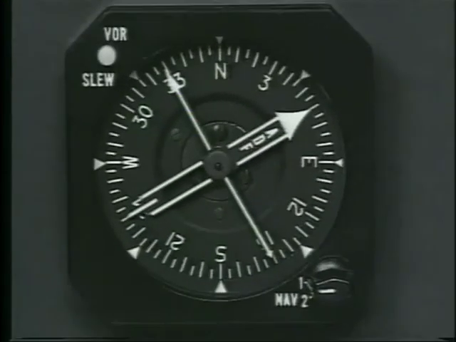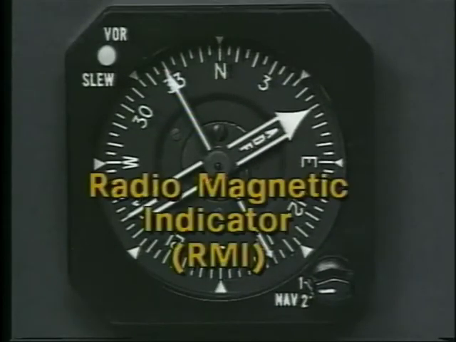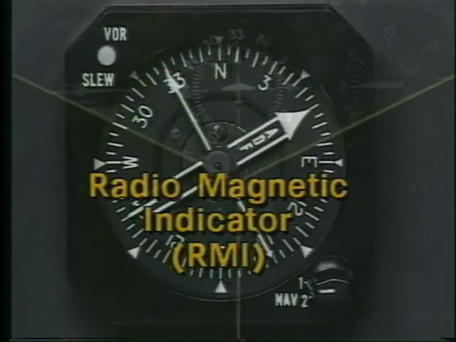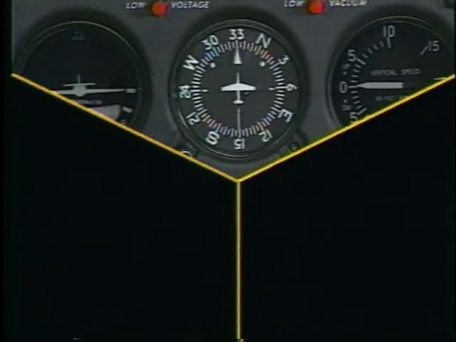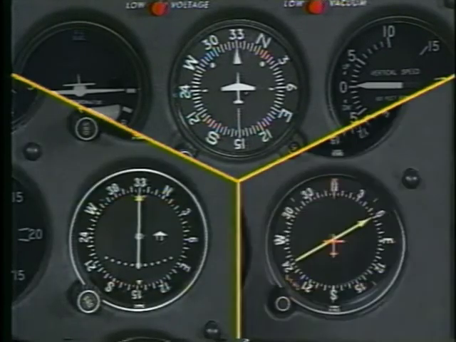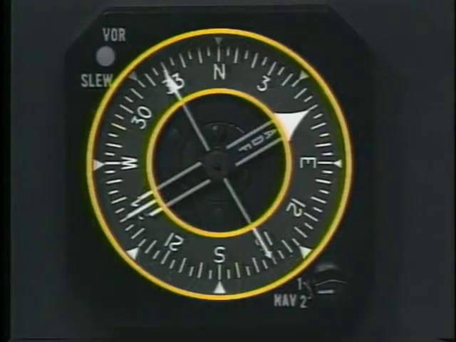Now let's look at another advanced instrument, the radiomagnetic indicator, or RMI. The RMI combines the functions of 3 instruments: the heading indicator, the VOR indicator, and the ADF indicator. The slaved compass card automatically displays your magnetic heading at the top index.